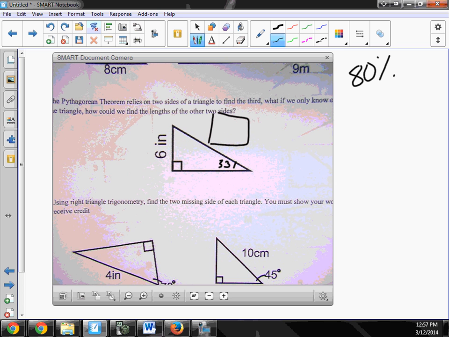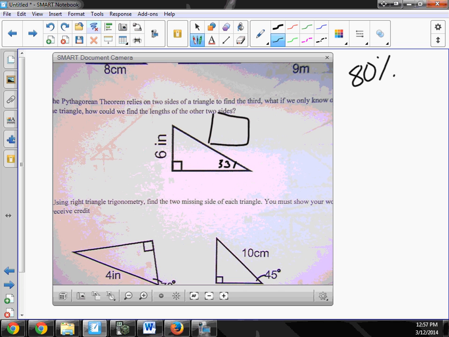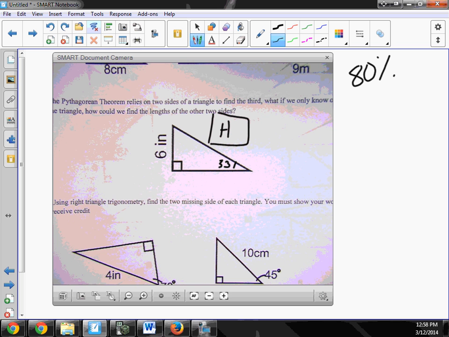Well, now I'm telling you it's 53. So if we know the angle, then we can use the ratio to figure out what the missing side is. We do know it's 53. I'm now defining that angle as 53. Okay, so what part of the triangle am I trying to find? Which side? The hypotenuse. Okay, so what side of the triangle do I know?